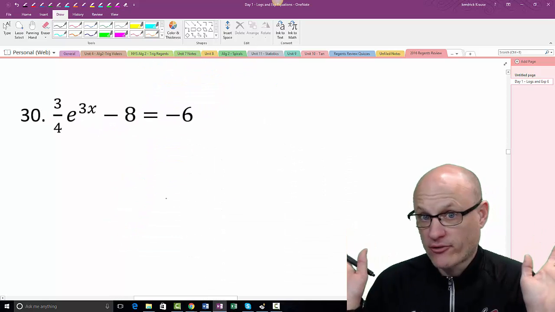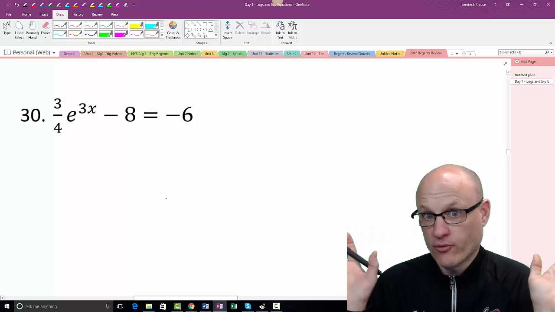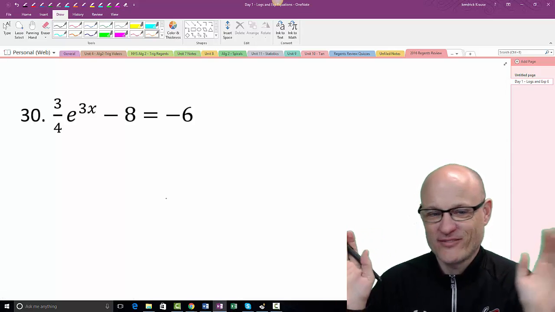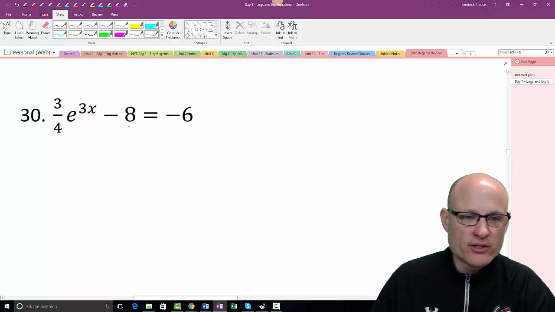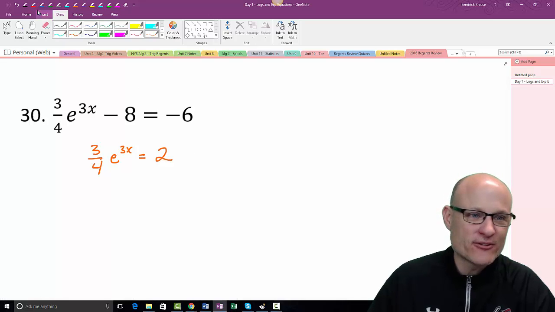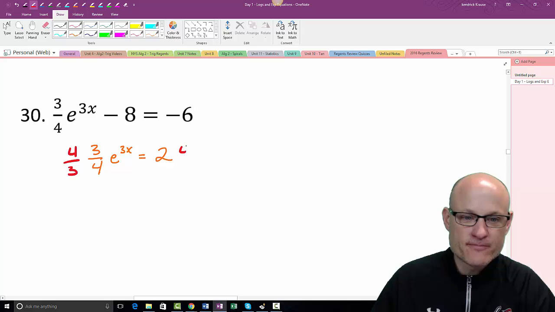Whoa. Is that a fraction? Because I don't do fractions. Of course I do. Big wimps. So let's get rid of the 8 first. So we'll do 3/4 e to the 3x equals 2. It's amazing how much you guys hate fractions. To get rid of this fraction, we just multiply by the reciprocal, 4/3. So I get e to the 3x equals 8/3.